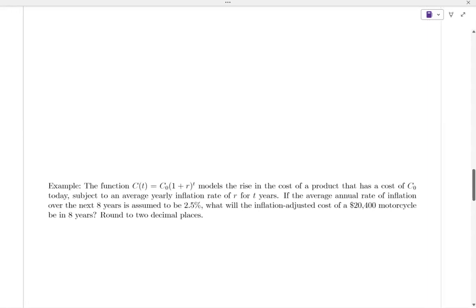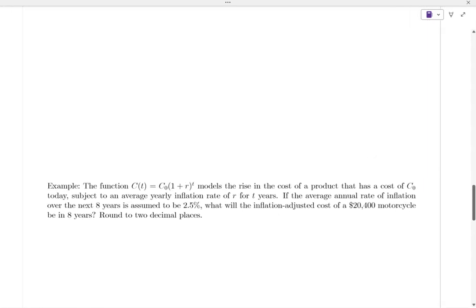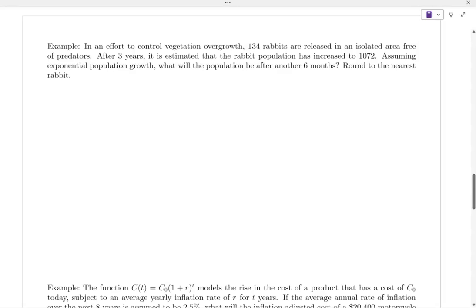Well, let's see if we can do the next one here. So we originally have 134 rabbits being released into some area.